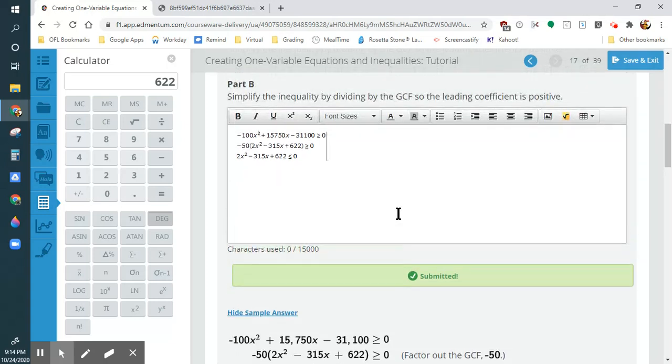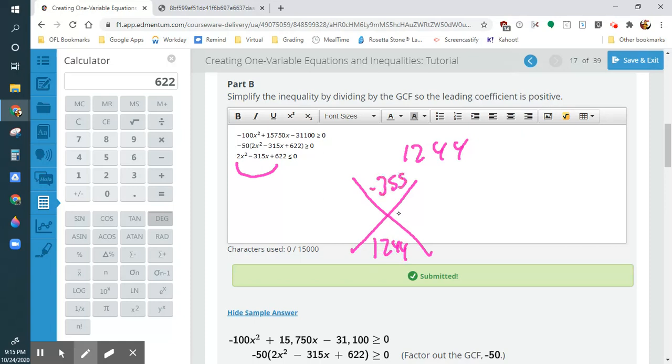All right, so let me show you guys how to factor by grouping. What you have to do here is you have to do 2 times this. You end up getting 1244. So now you want to do an X method here with 1244, and you're going to get negative 350.